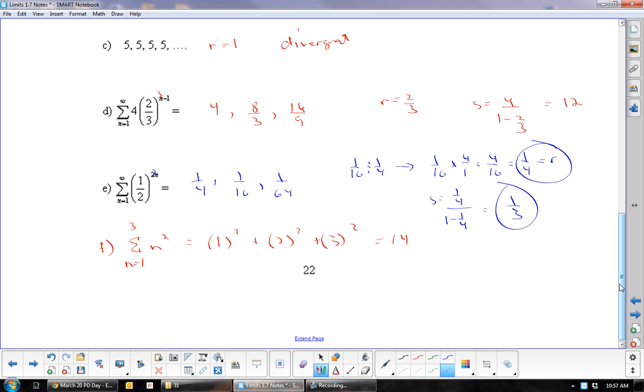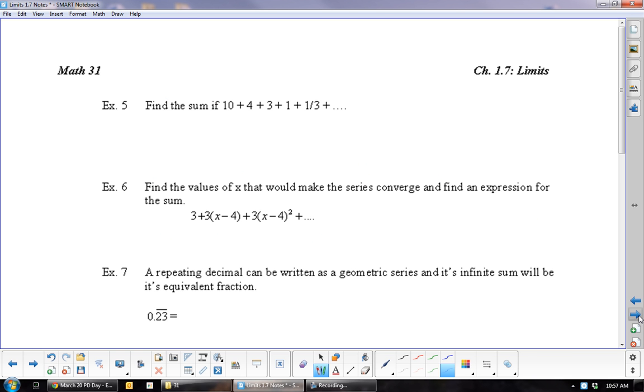Okay, example 5. Find the sum of this. Now, first of all, can we find the sum of this? What's the R?